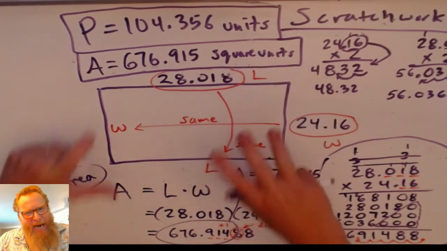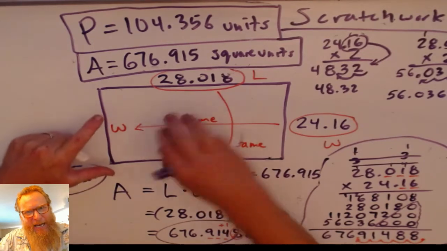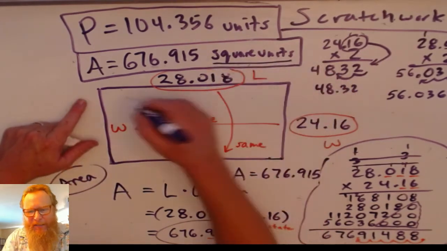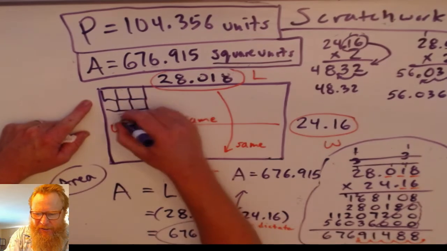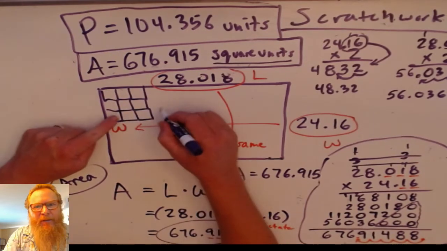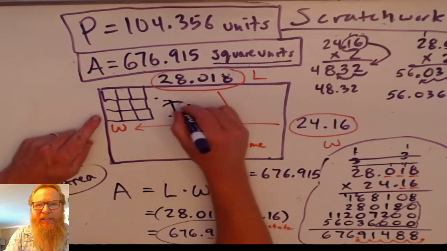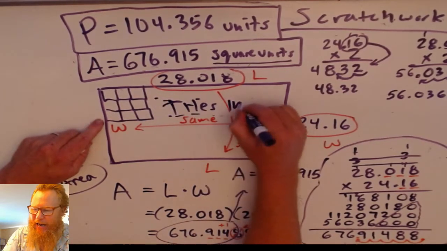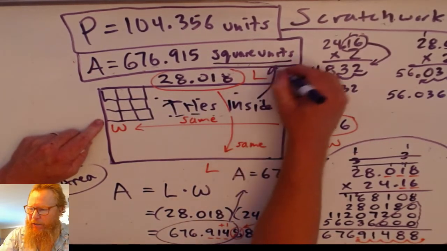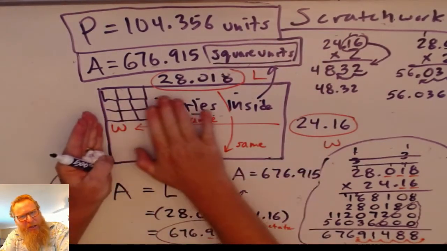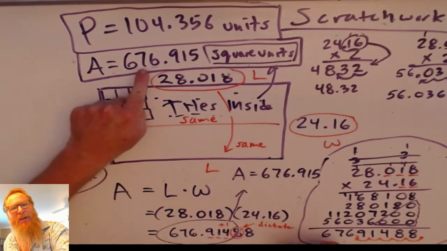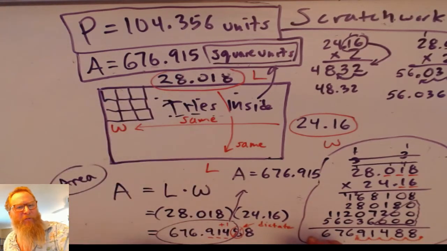Whenever we're talking about area, it is the inside. It's measured in square units because, imagine a bunch of little tiles. I'm not really going to draw them all, but imagine tiles inside. Those are what we call square units. Little squares. So imagine filling up this rectangle with 676.915.